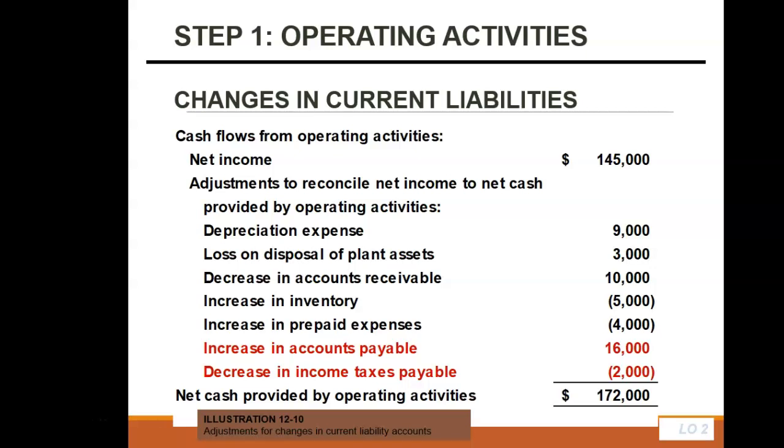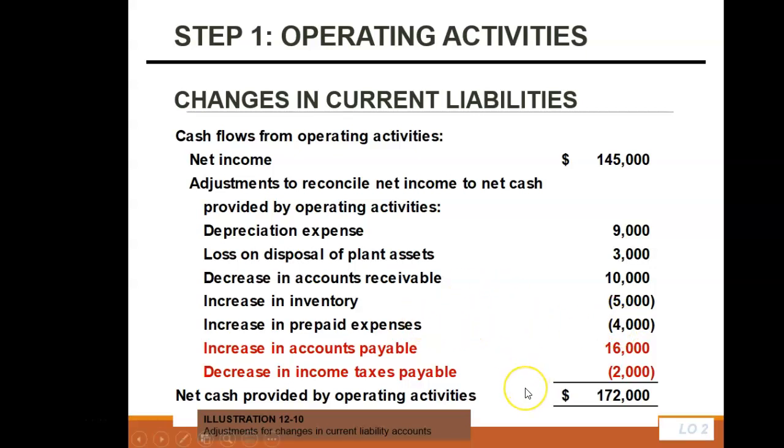Next, look at all of your non-cash current assets. If you have a decrease in a non-cash current asset, you're going to add the amount of the decrease. If you have an increase in a non-cash current asset, you're going to subtract the amount of the increase.